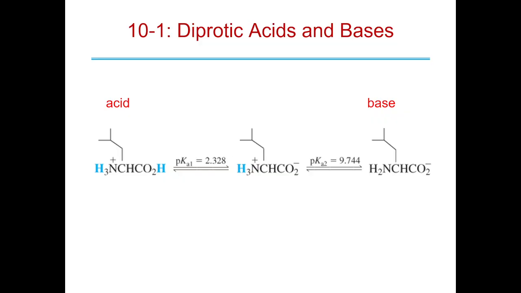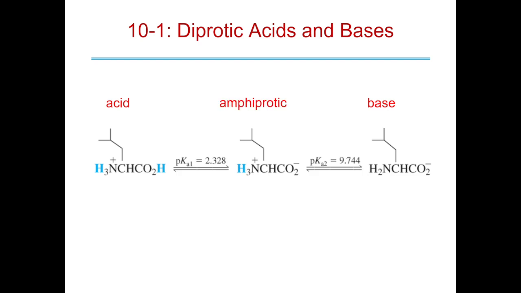Again, don't forget that as you get closer to pH 2.3 here, you're going to increase the amount of the conjugate acid form, right? Okay? But until you get to that pH near 2.3, this is going to be your predominant form, zwitterion. Okay? Anybody have any questions about that? Anything not clear?